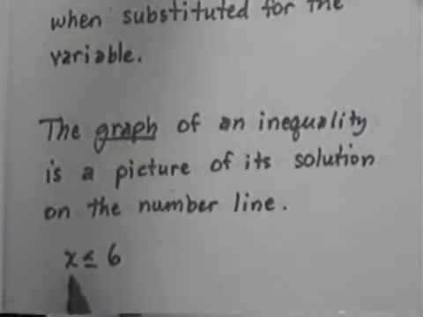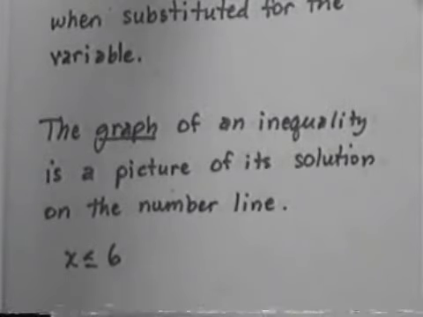For example, 5 is less than or equal to 6, and so 5 must be included in our picture. 3 is less than or equal to 6, and so 3 must be included in our picture. Negative 40 is less than 6, and so we must include negative 40. We should also include 0, 1/3, negative 8, 6, because 6 is less than or equal to 6.